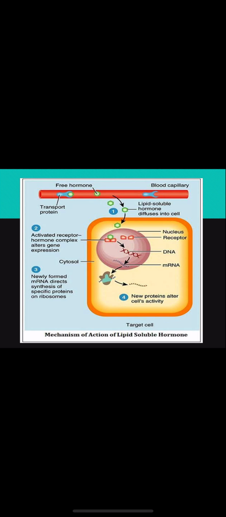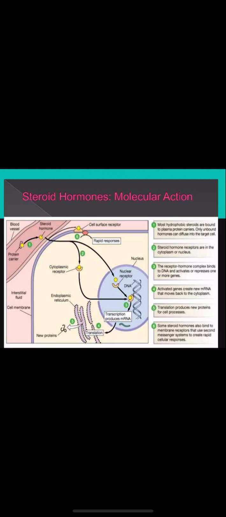So your steroid hormone uses this mechanism of action where they go and get attached to the nuclear DNA receptor, and then there is transcription and translation, and how this gives you new proteins and how the molecular responses are taking place. So according to the mechanism of action, you have these systems.